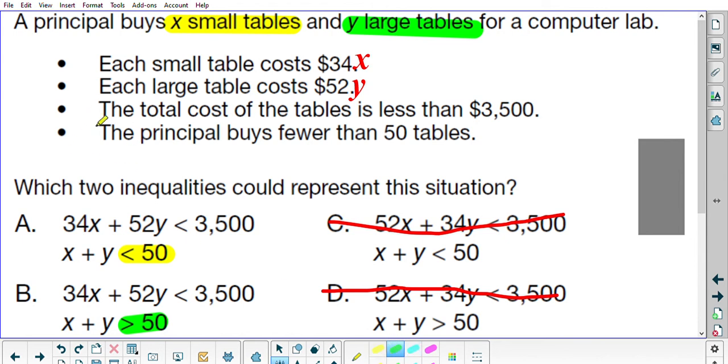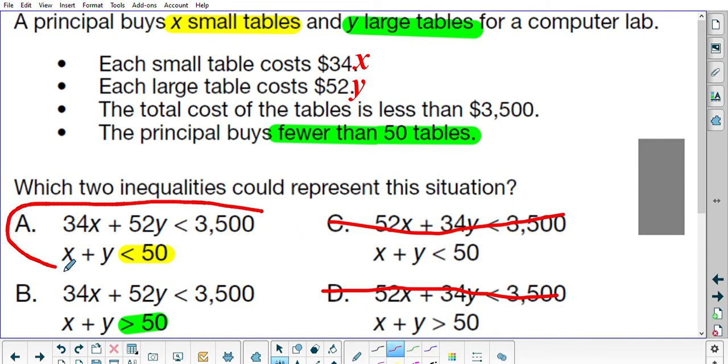The fourth bullet point up here says the principal buys fewer than 50 tables. Fewer than means less than. So we need to have less than 50 tables. And that is shown in choice A, because that's the less than symbol with the 50, not choice B. So choice A it is.